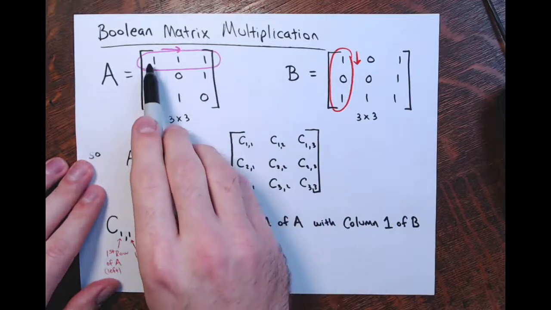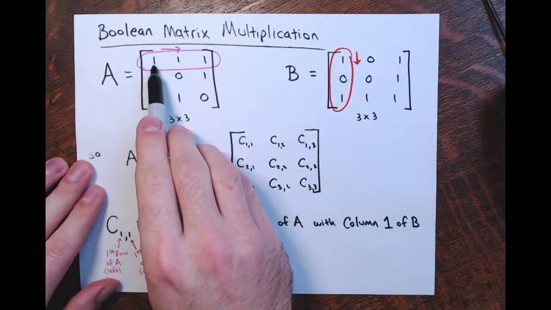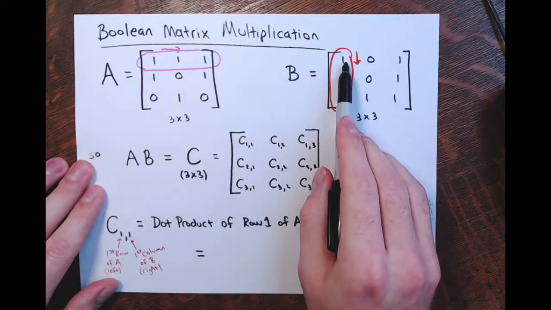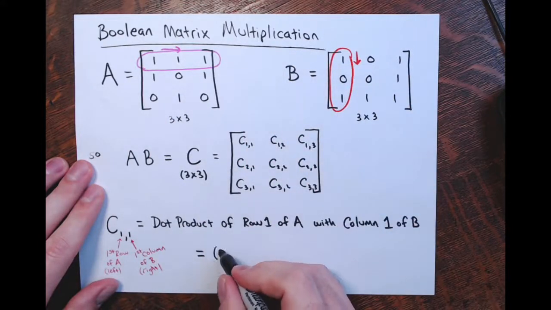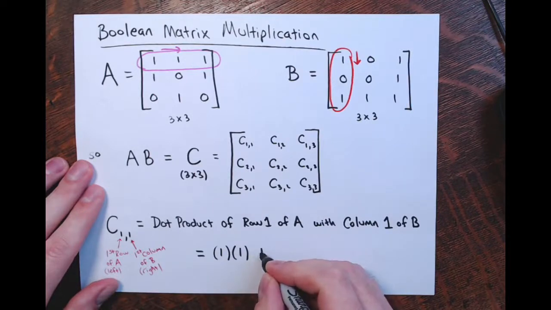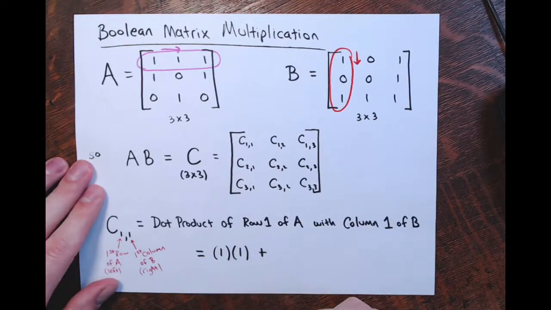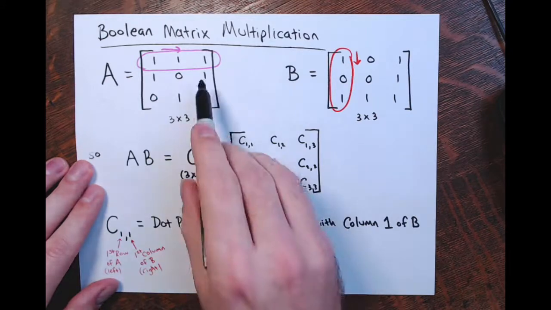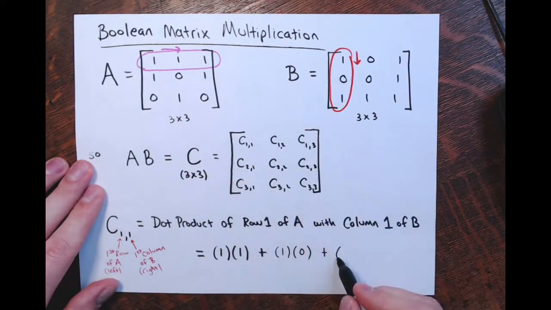So I take the first entry of row 1 of A with the first entry of column 1 from B. We multiply those. So 1 times 1. And then we add to this the product of the second entries, 1 and 0. And then I add to this the product of the third entries, 1 and 1.